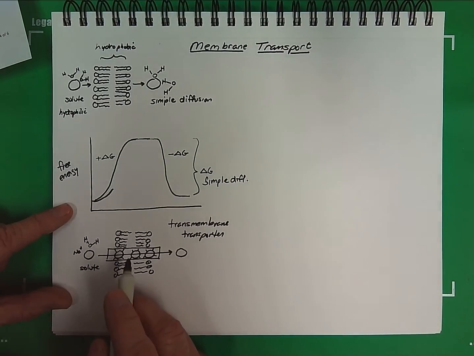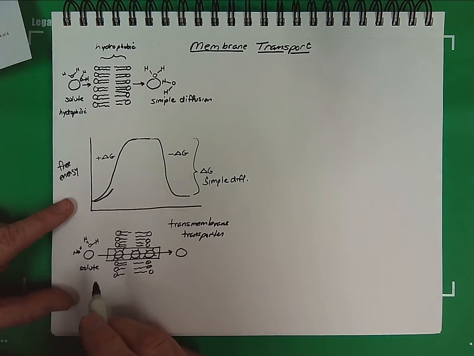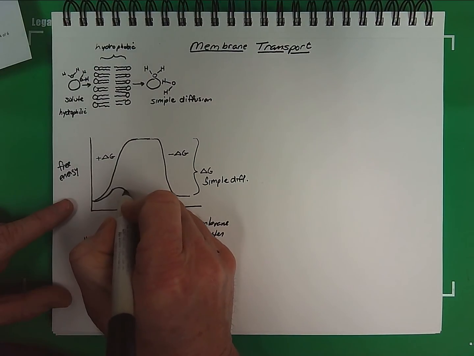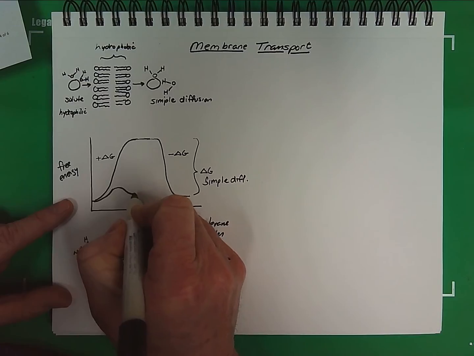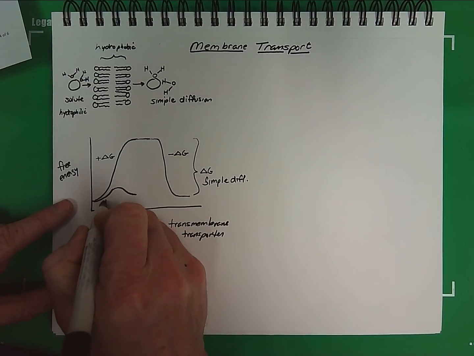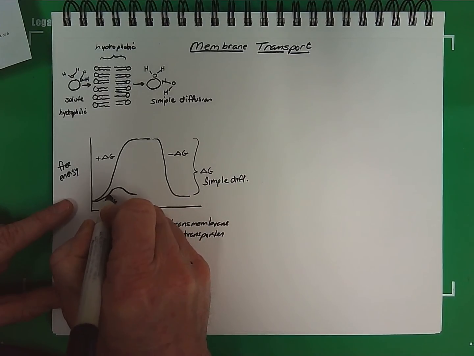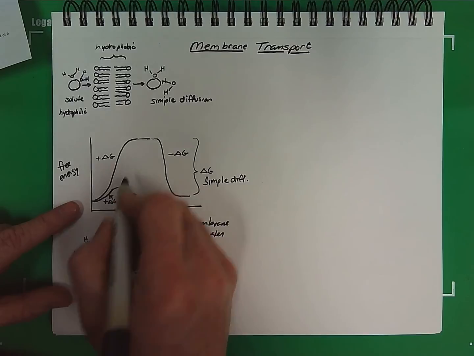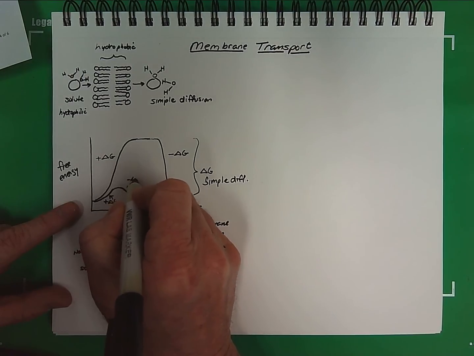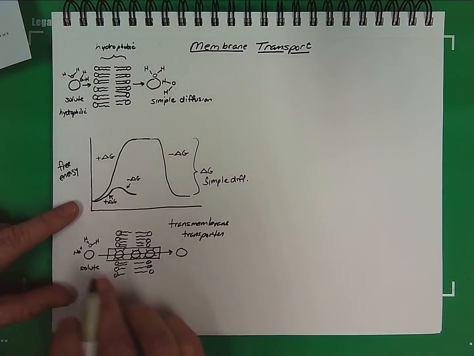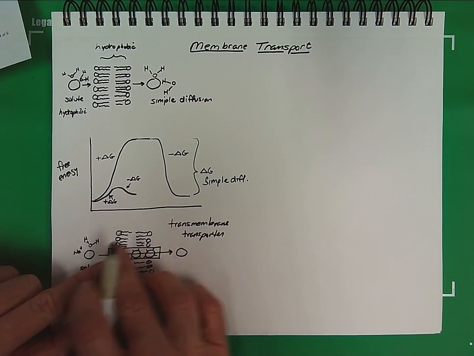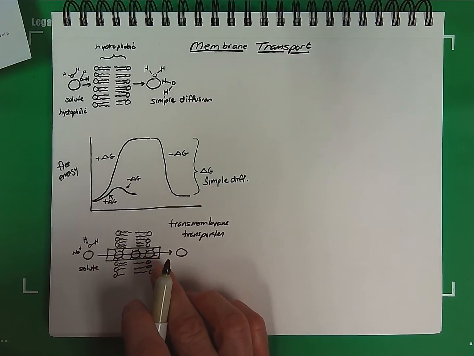And recall, when we form bonds, this is going to be a negative delta G. So the bond forming reduces it. So we have an input in free energy requirement to dissociate the solvent molecules from the solute, and then we have a gain of energy as the solute reforms interactions, positive bonding, with the transporter.